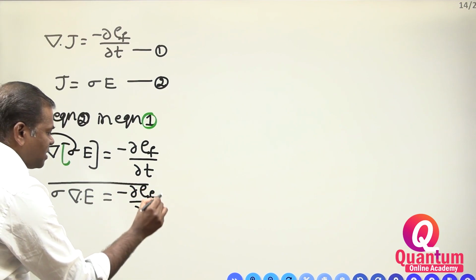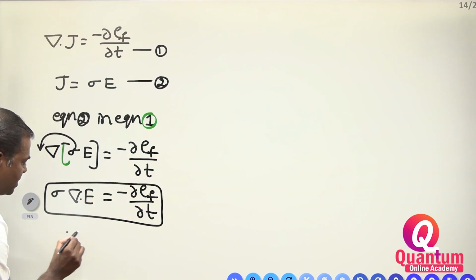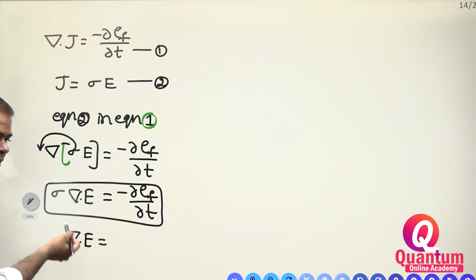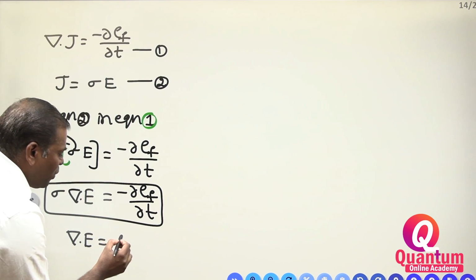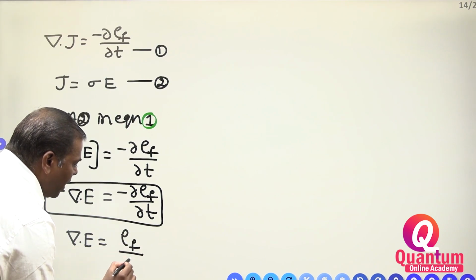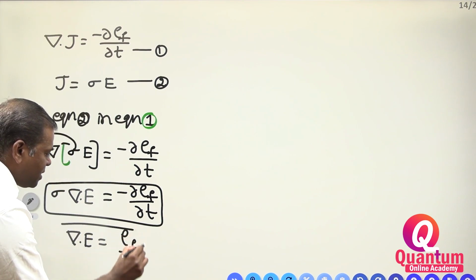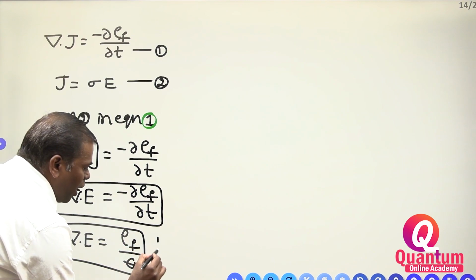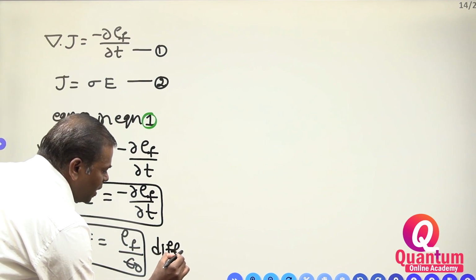By using the Maxwell equations, what is del dot E? This is the Gauss law. Del dot E is equal to rho f divided by epsilon naught. This is the differential form of Gauss law.